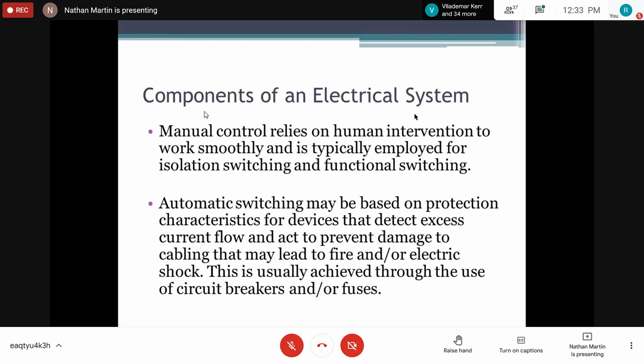All right, so we said the automatic switching. The switching function may be based on protection characteristics, such as your reclosers in your substation. These are normally used for protection purposes. If there's a fault detected, it will cycle out and then it will cycle in. Depending on its setting, it might be set to cycle twice or 3 times before it's automatically locked out.